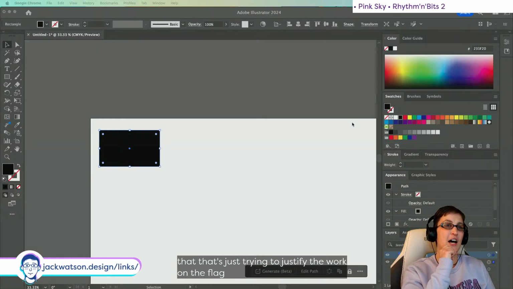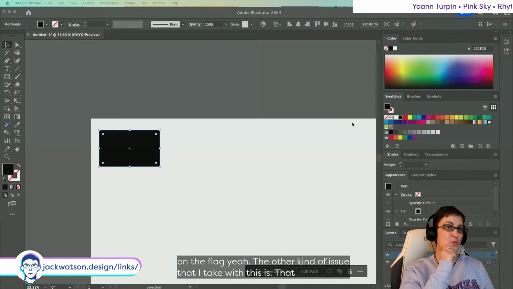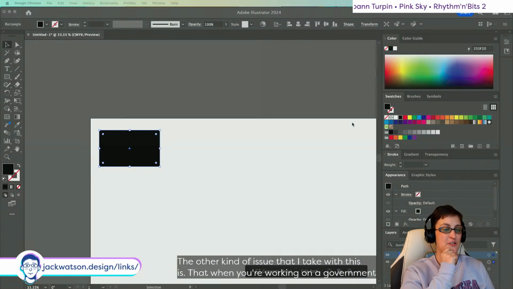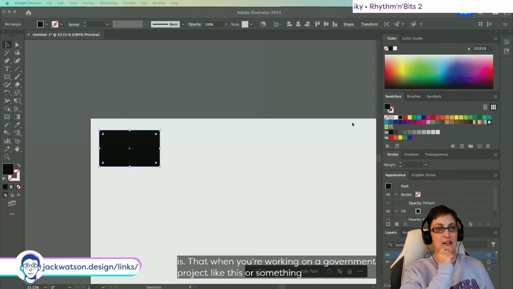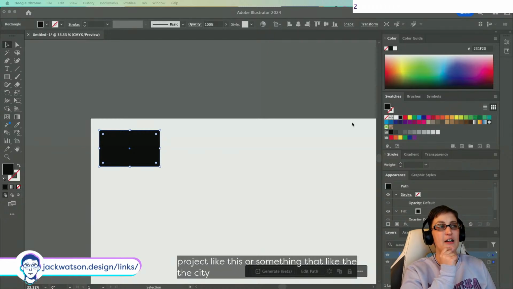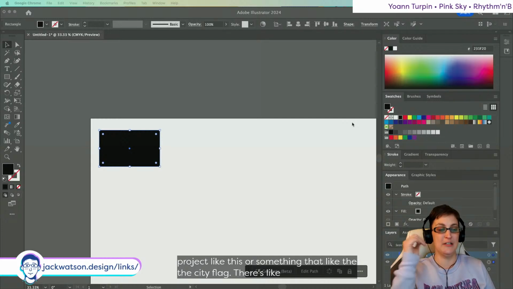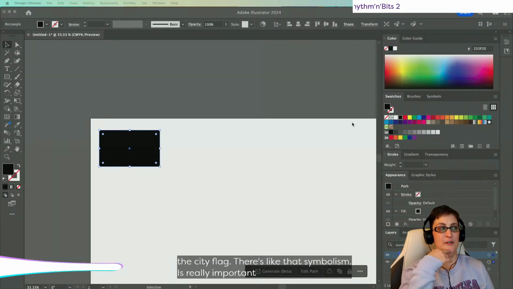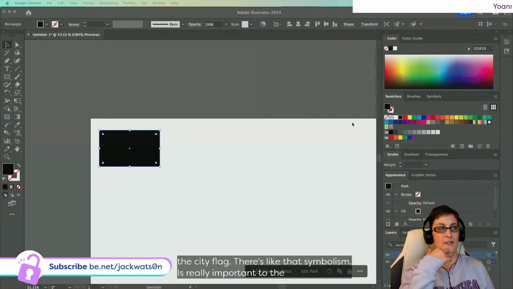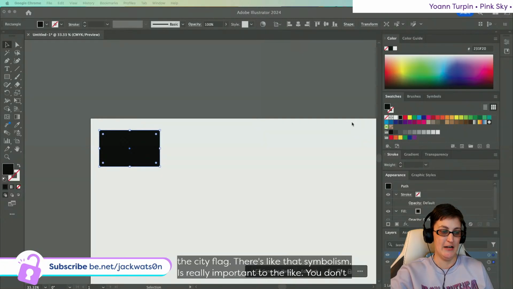The other issue that I take with this is that when you're working on a government project like the city flag, that symbolism is really important, and you don't want to change that, right?